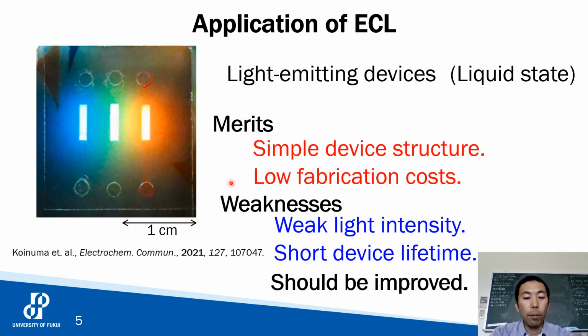Fabrication cost could be low because of the simple structure. However, there are several weaknesses, such as the weak light intensity and short device lifetime. These weaknesses should be improved for practical application.